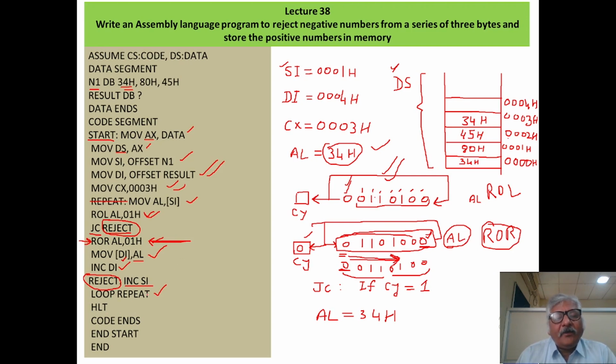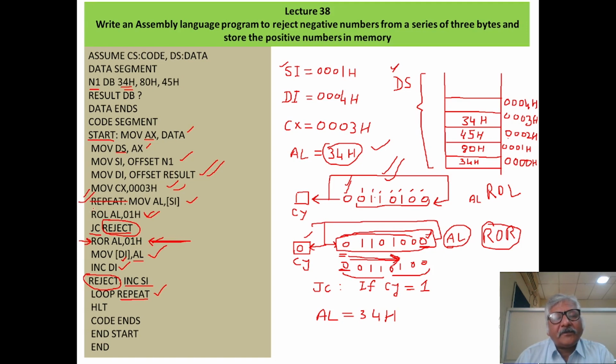Loop will decrease the value of CX by 1. If the value of CX is not 0, then go to the label repeat. This means we have not checked all the numbers, whether they are positive or not, so we have to perform the checking process again. The repeat label I have written here.